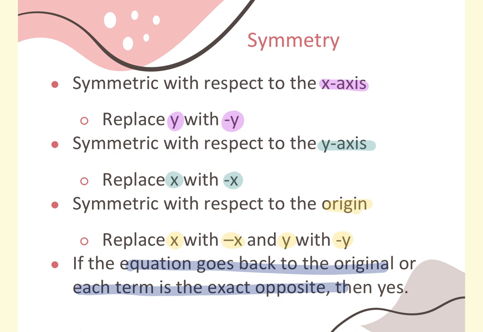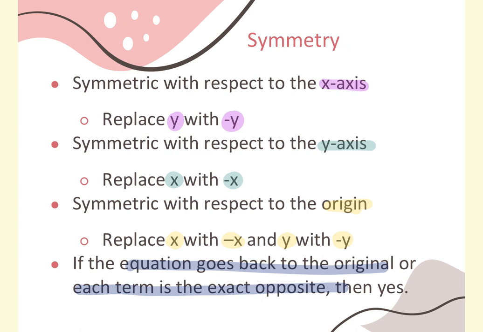So if it says test for symmetry algebraically, that's what that means, and that's what you're going to do on your quiz, okay? Obviously, if you had a graph, if you could fold it top to bottom like a hamburger, that's with respect to the x-axis. If you could fold it left to right, then that means it's symmetric with respect to the y-axis. And then the origin is like diagonal.